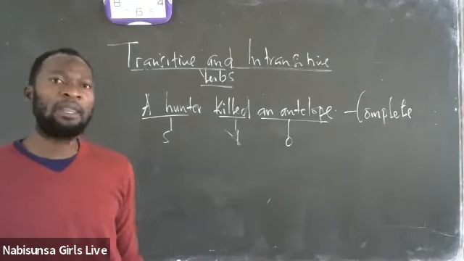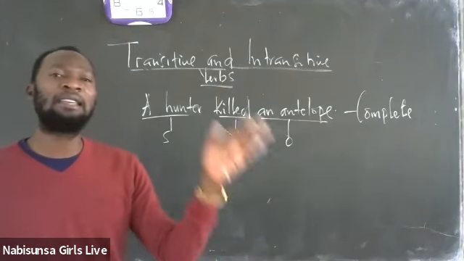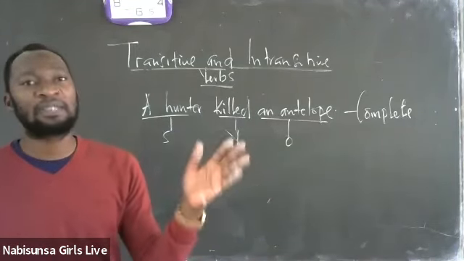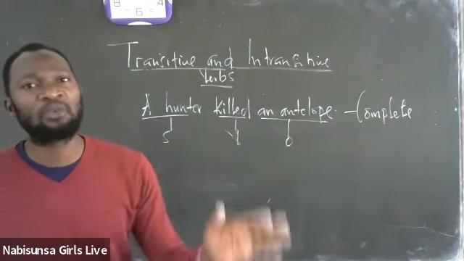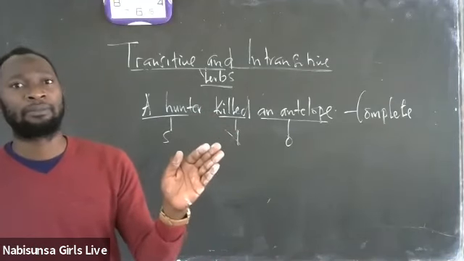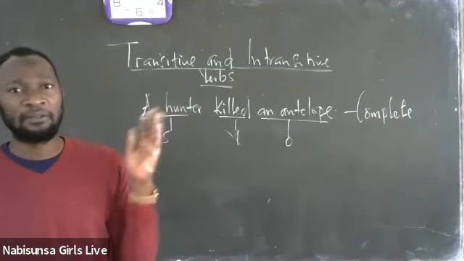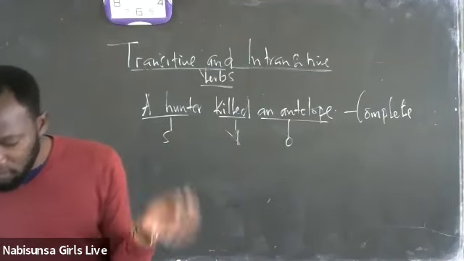So when they ask you, what is a transitive verb and an intransitive verb? We shall say transitive verbs are verbs that require an object. A transitive verb is a verb that requires an object.